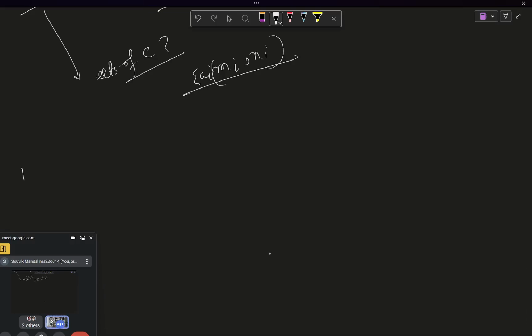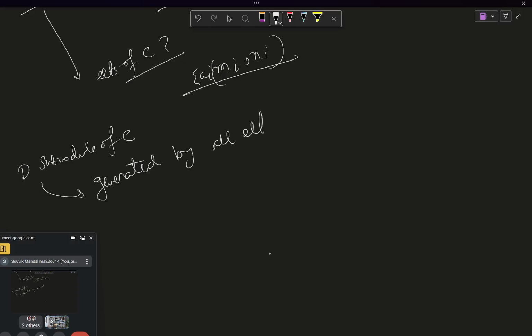Now we are considering D, which is a submodule of C. How is D constructed? D is the submodule generated by all elements of C of the following types. Now in this portion you may get some difficulty, but wait.